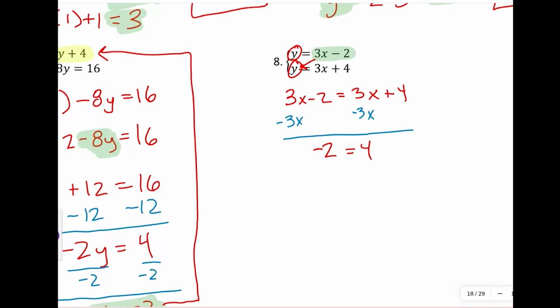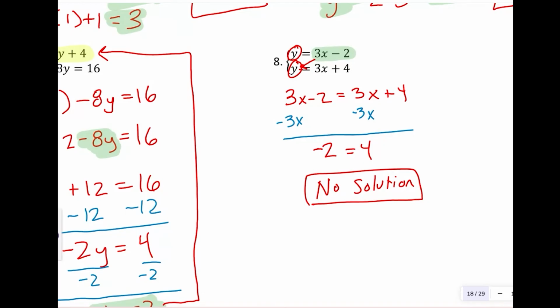When you end up with a false statement, that just means there are no solutions. In other words, there's no coordinate that satisfies both of those equations.